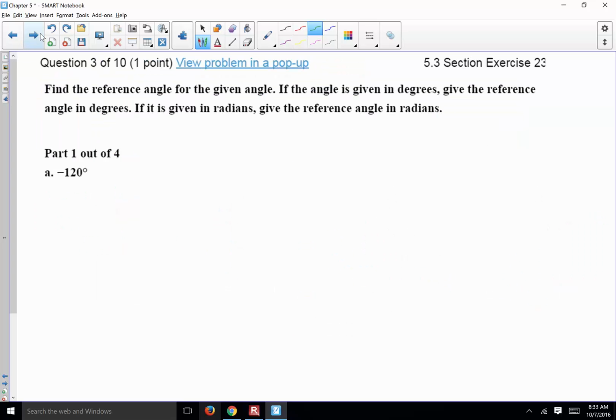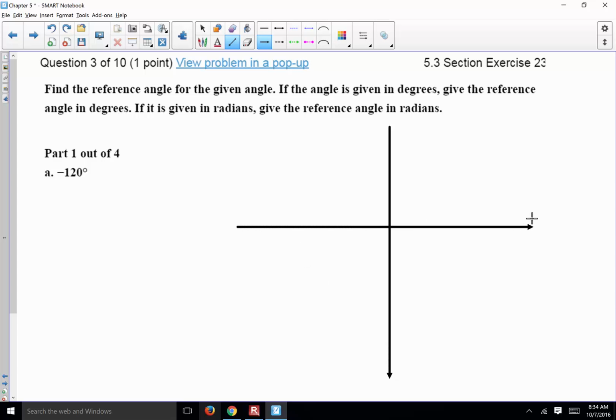Alright, we'll do some practice on this one. Here's your angle. You need to first visualize where it is, then do subtractions. Negative 120. Where is negative 120? By the way, negative angles mean you rotate your initial side clockwise.